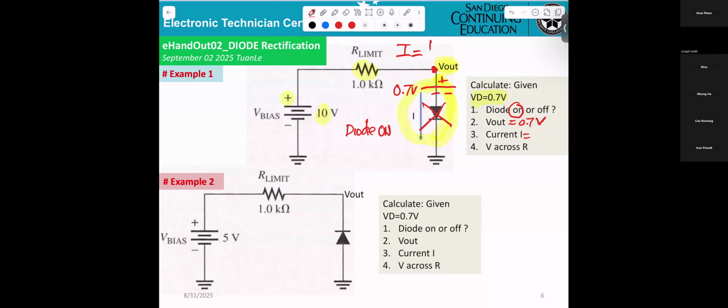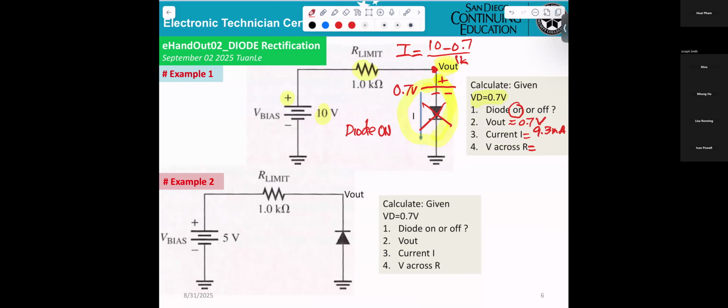Okay, 10 minus 0.7, divide by 1K, gives 9.3 milliamp. And the voltage across R is 9.3 volts.